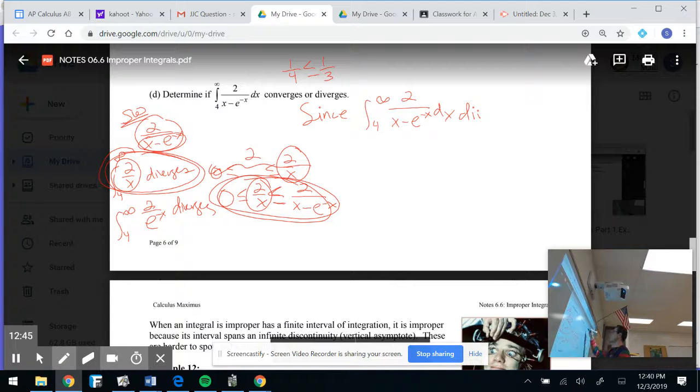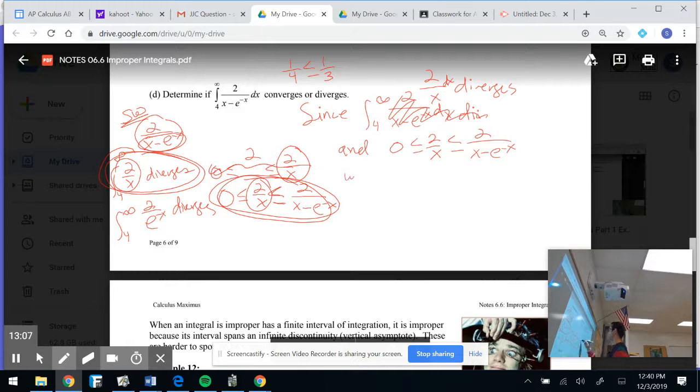Ooh, shame on me. That's not what we know. It should be since the integral of 2 over x dx diverges, and we have our inequality statement, which is always true on that interval.